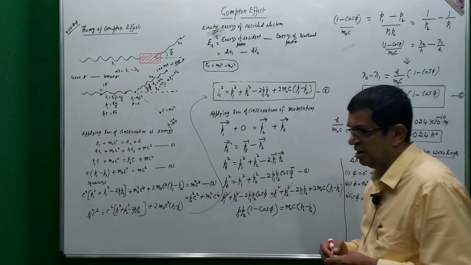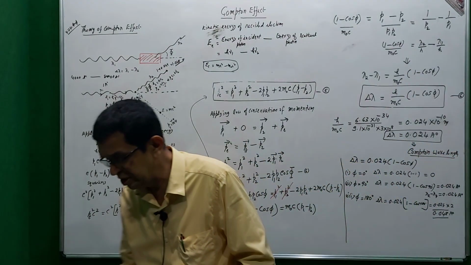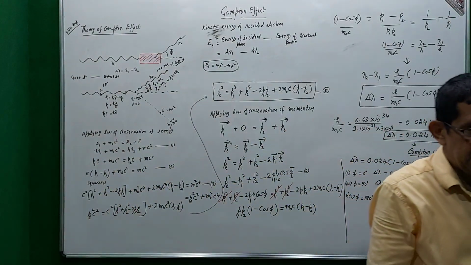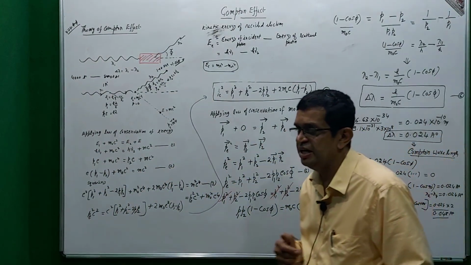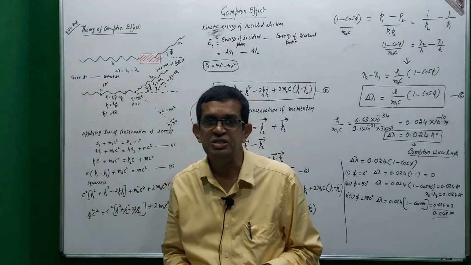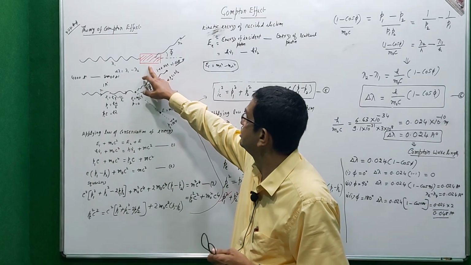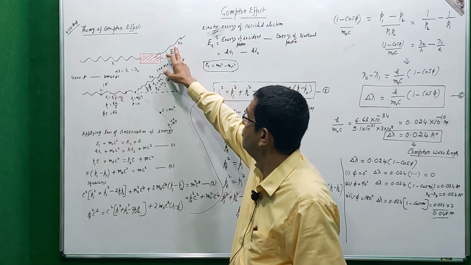Now I'll stop here. The whole phenomenon of the Compton effect is that when X-rays or gamma rays of very high energy or frequency, that is, short wavelength, get scattered by a scattering substance, there is an increase of the wavelength.